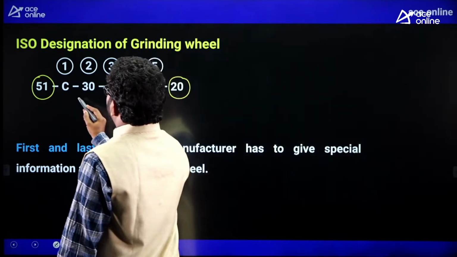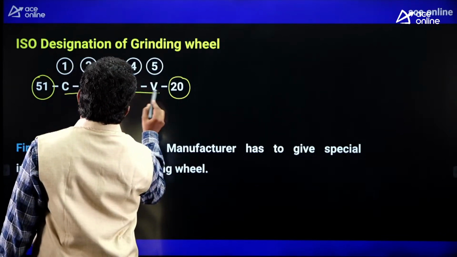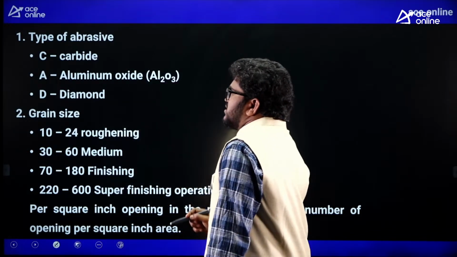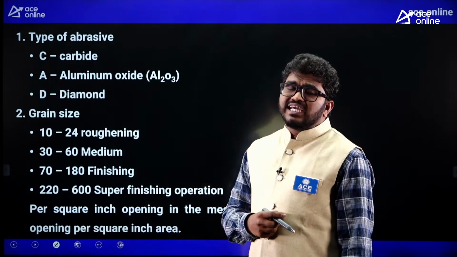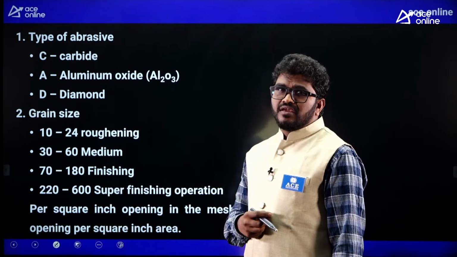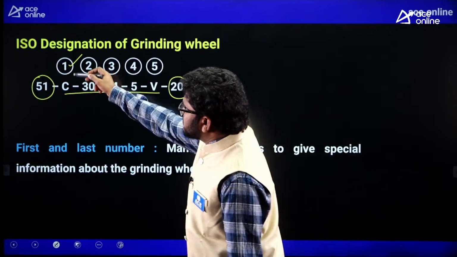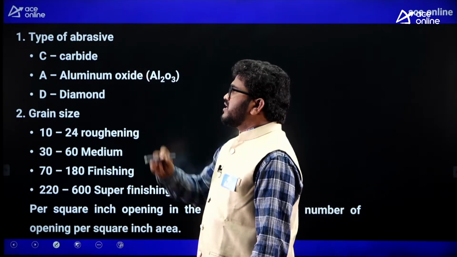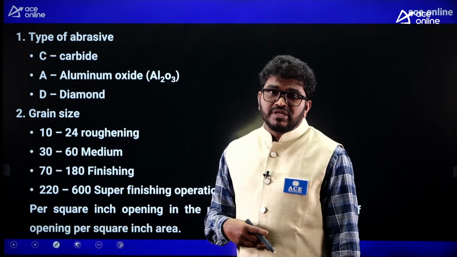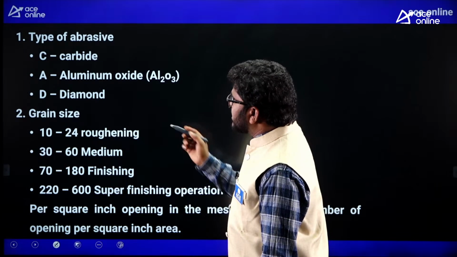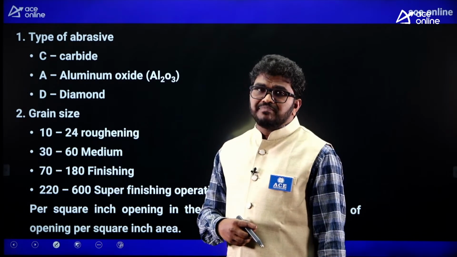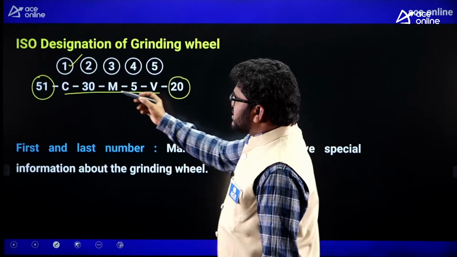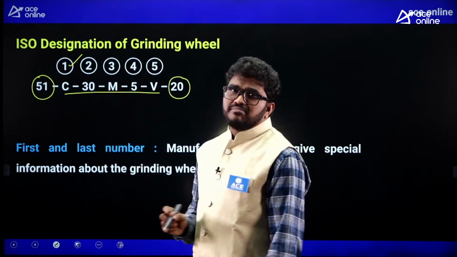Only these 5 things you should remember. The first one represents the type of abrasive. If letter C is there, that represents carbide abrasive material. A represents aluminum oxide, D represents diamond.